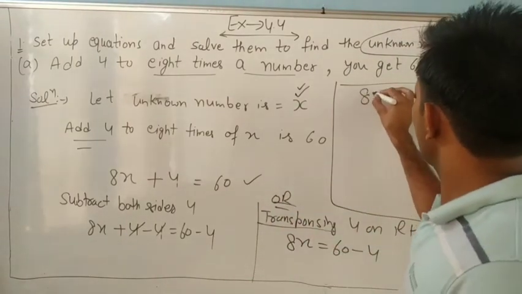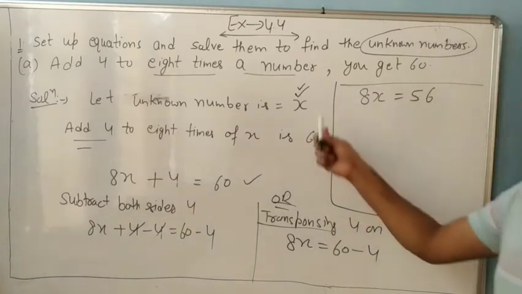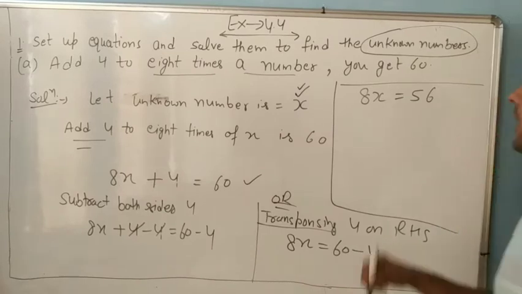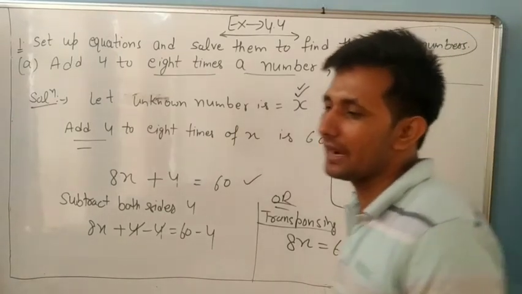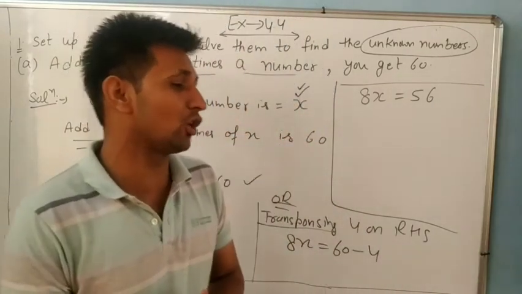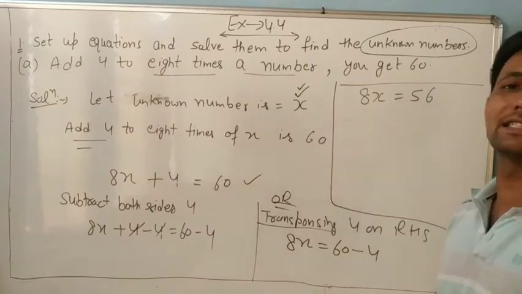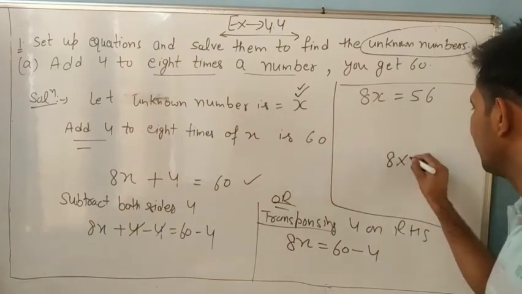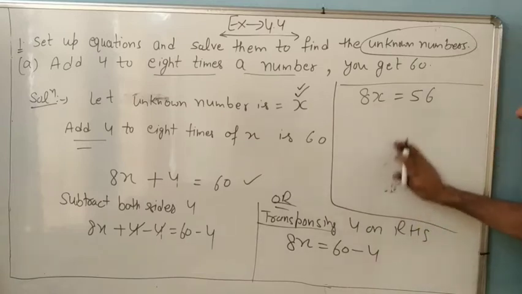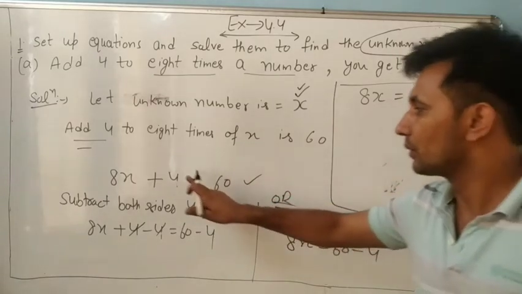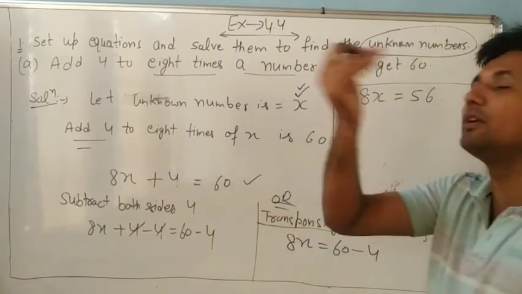8x equals 56. We want to find the value of the unknown number, so we have to remove 8. Here 8 is in multiplication. And multiplication, how can we remove it? 8 cancels 8. Positive becomes negative, negative becomes positive, multiplication becomes division.